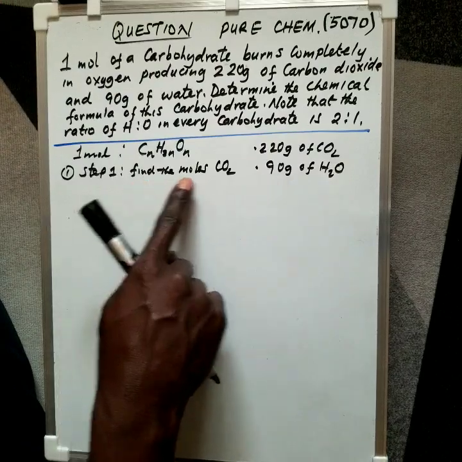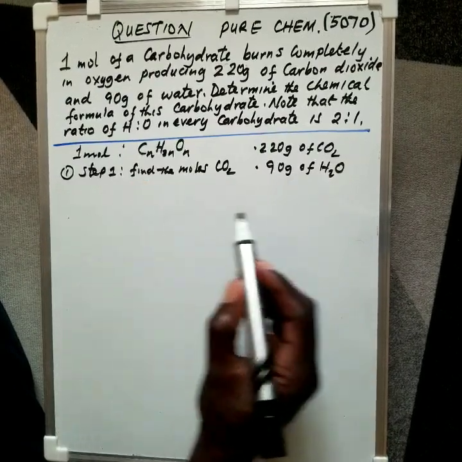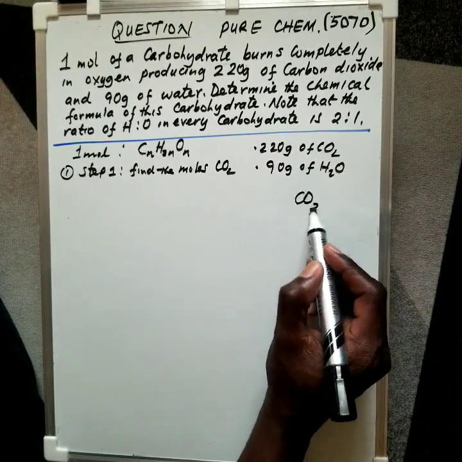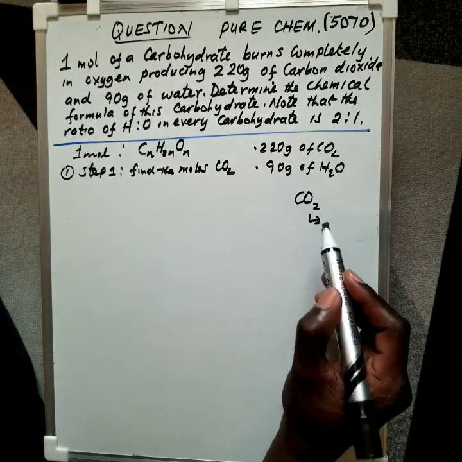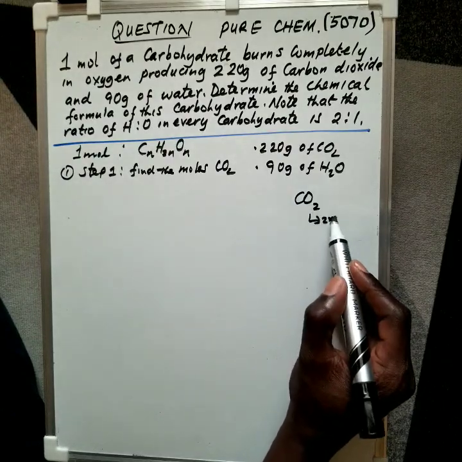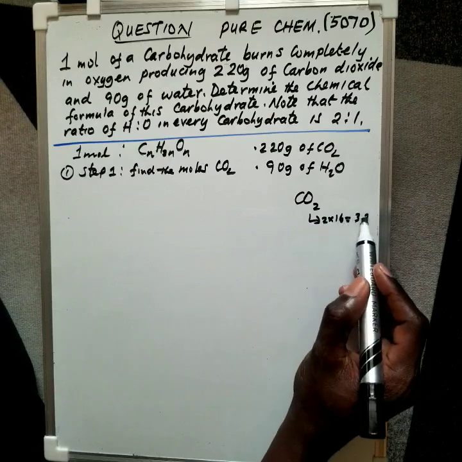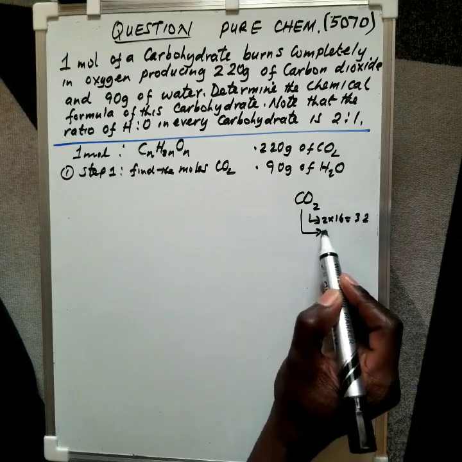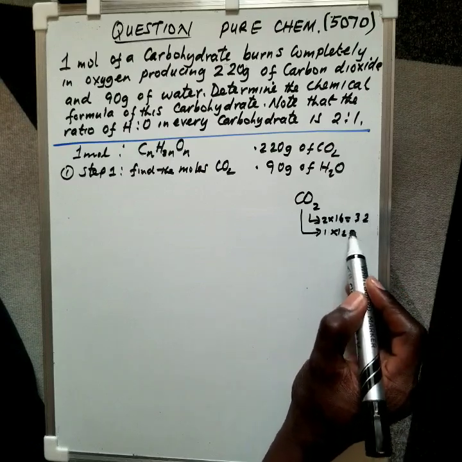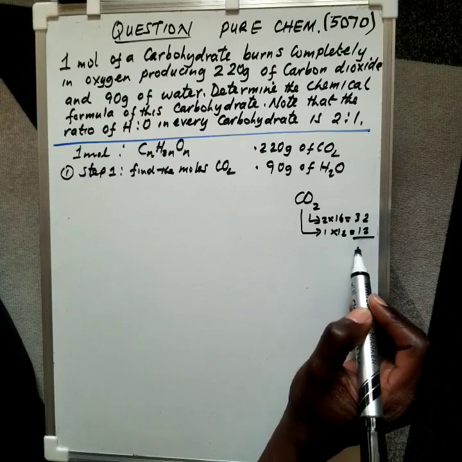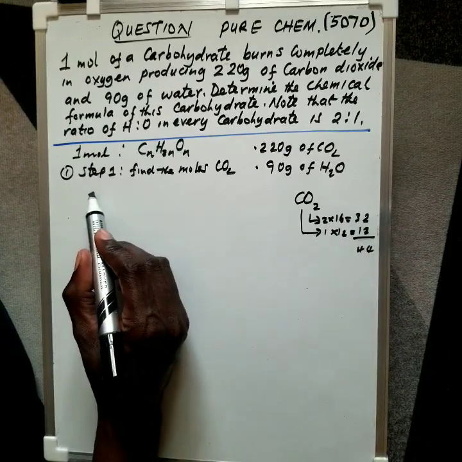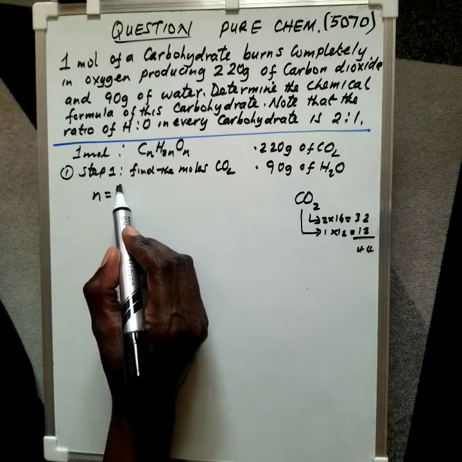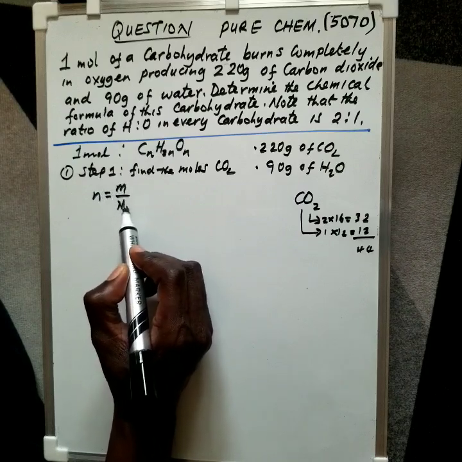Let's start with carbon dioxide. The molar mass of CO2: there are 2 atoms of oxygen times the atomic mass 16, which gives 32. Carbon is only 1 times 12, which gives 12. When you add that, it gives 44. Remember, number of moles is equal to mass over molar mass.